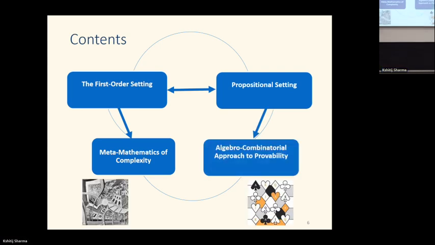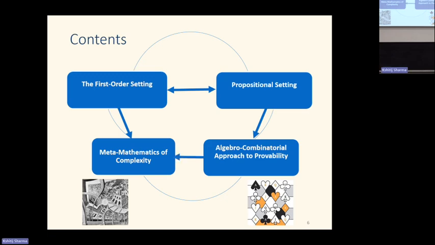What is interesting about this area, what I call the proof theoretical approach, which is actually mostly a proof complexity approach, is that we can start from the first order setting but go to questions that are completely algebraic and combinatorial. And we try to understand provability from this direction.